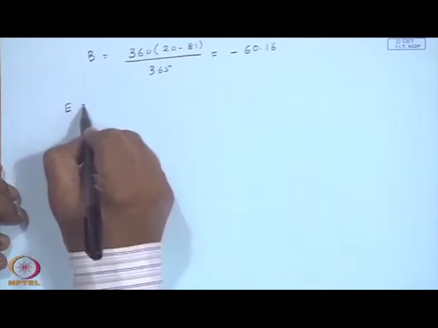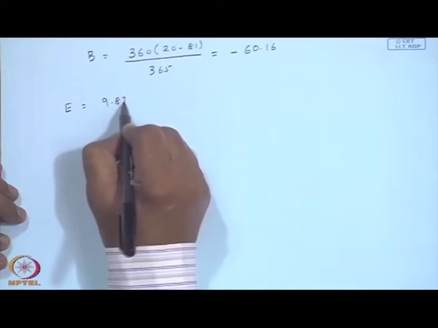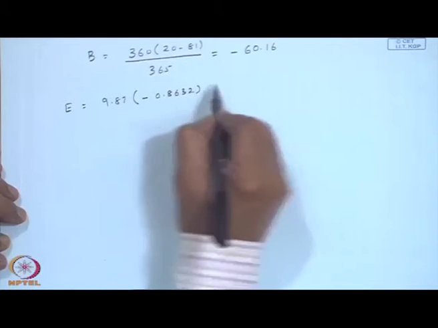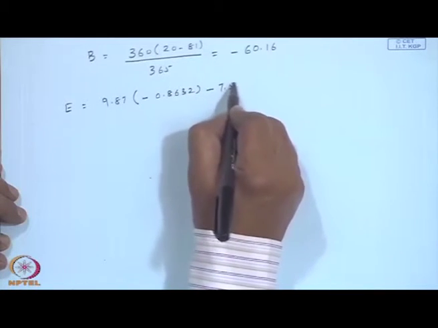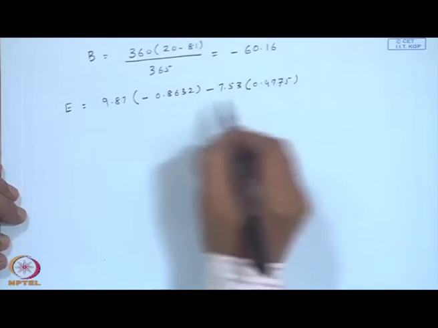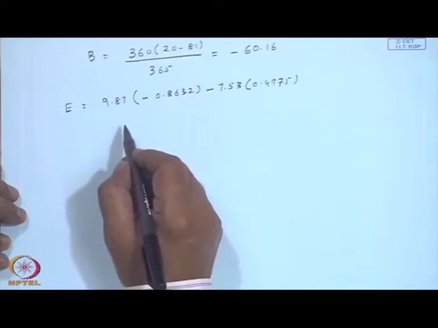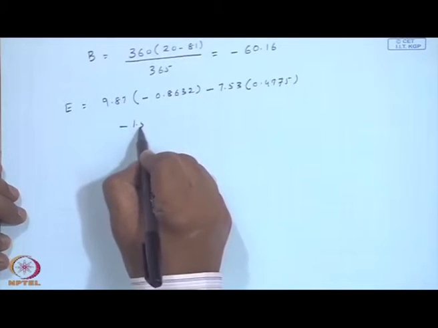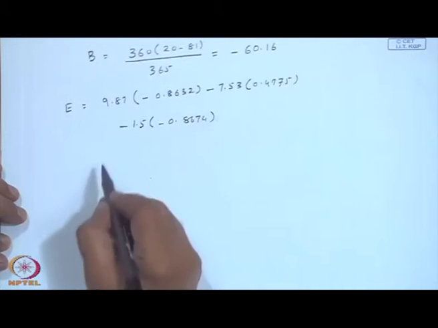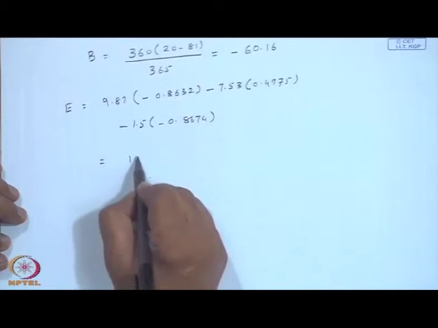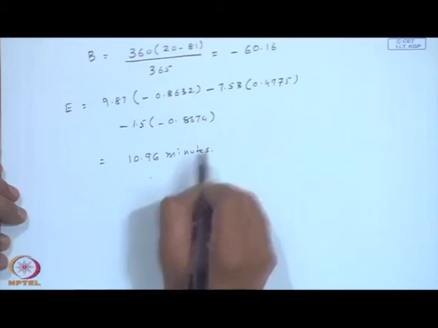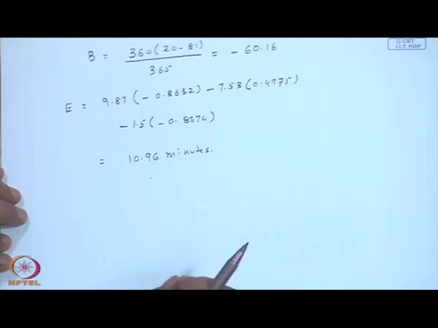So, E is 9.87, that is a constant, times sine 2B, minus 7.53 times 0.4975, those are the cosine angle of B and sine angle of 2B, minus 1.5 times 0.8674, which is minus 10.96 minutes, because the equation of time is given in minutes.